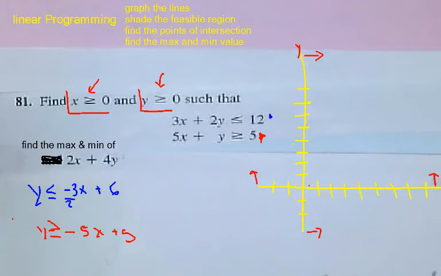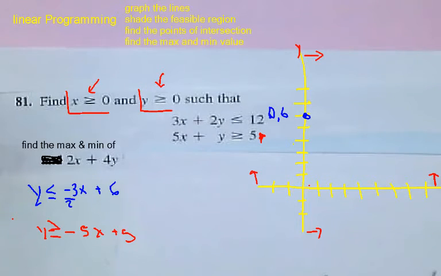So, blue line, over 2, down 3, over 2, down 3, over 2, down 3, starting at 6. 1, 2, 3, 4, 5, 6, here is 6, right there. So that point is 0, 6. Now we're going to go over 2, down 3, over 2, down 3.